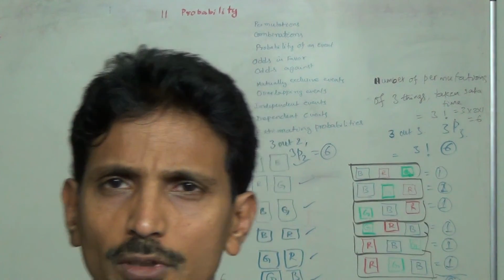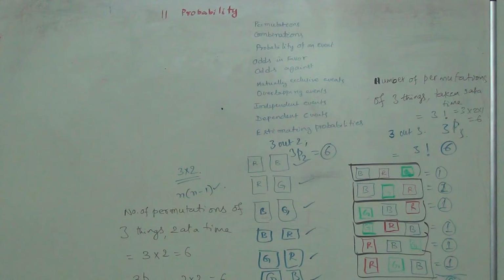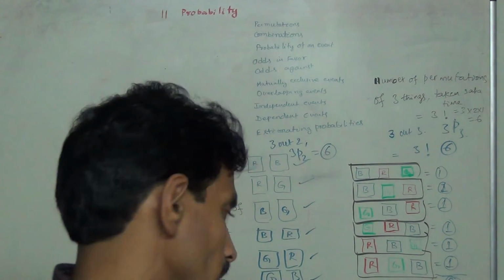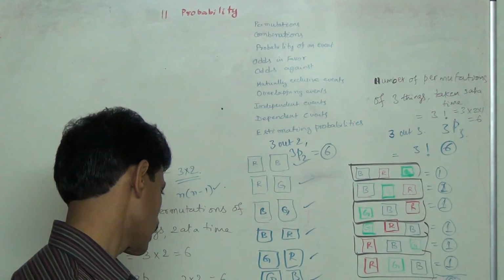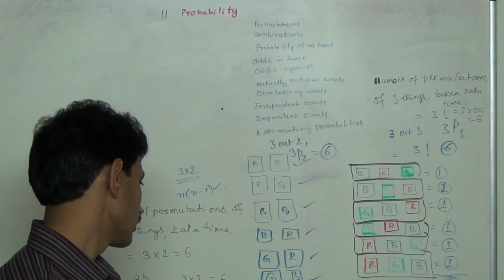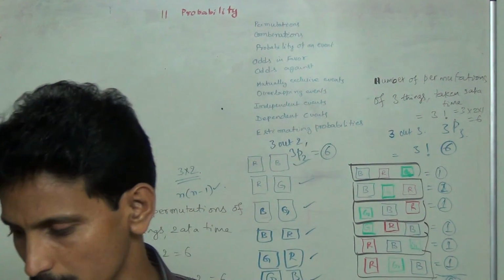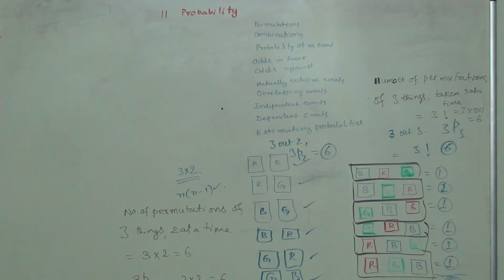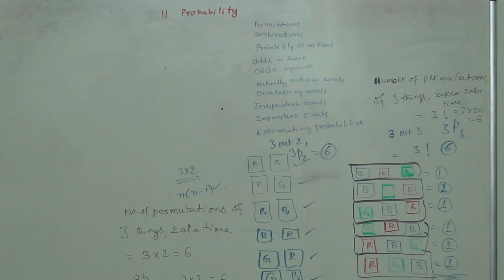The possible number of permutations of n things taken n at a time, or n things taken r at a time: n things at a time is equal to n factorial, whereas r things at a time is up to r factors only. So likewise we can work based on the rules. And we will do some problems in the coming class about the permutations.